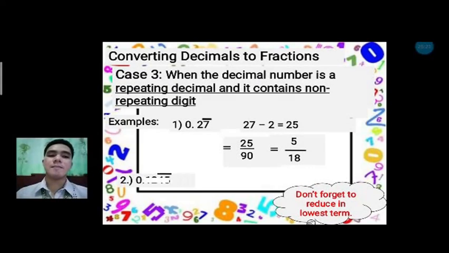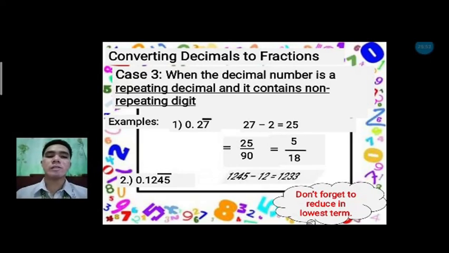Next example, 0.1245 (ten-thousandths), wherein, as you can see, we have a vinculum above 45. Therefore, those digits are the repeating digits. Take it as a whole number, 1245, and subtract the non-repeating digits.